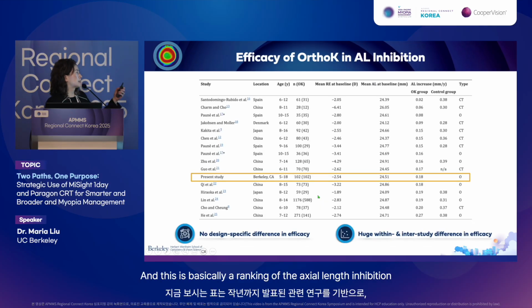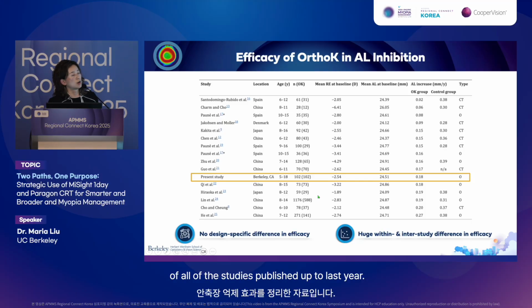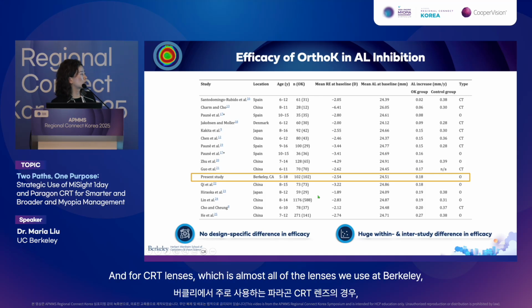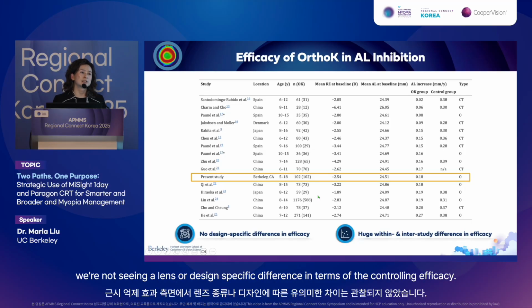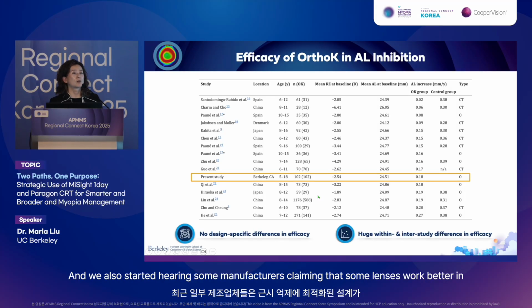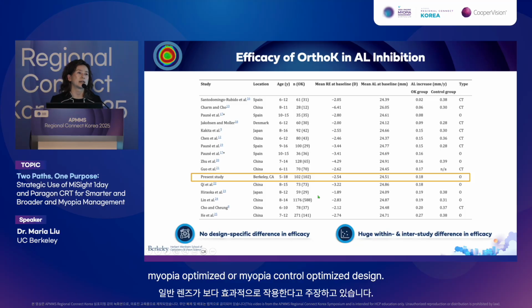And this is basically a ranking of the axial length inhibition of all of the studies published up to last year. For CRT lenses, which is almost all of the lenses we use at Berkeley, we're not seeing a lens or design-specific difference in terms of the controlling efficacy. We also started hearing some manufacturers claiming that some lenses work better in a myopia-optimized or myopia control-optimized design.